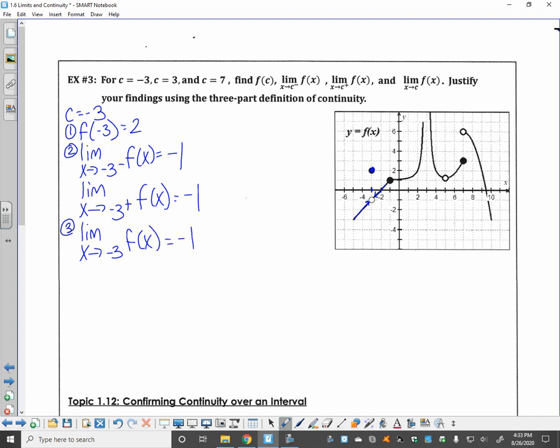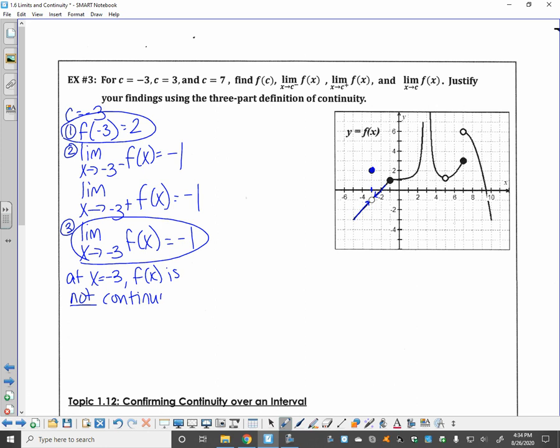Okay, however, these two are not the same. So at x equals -3, f of x is not continuous. But you have to state why.